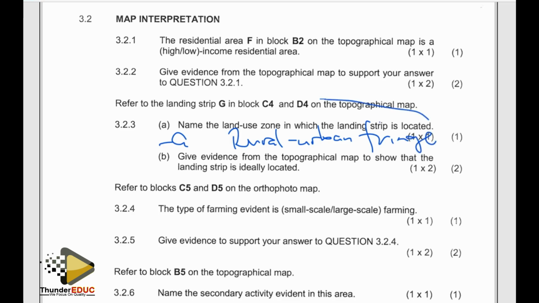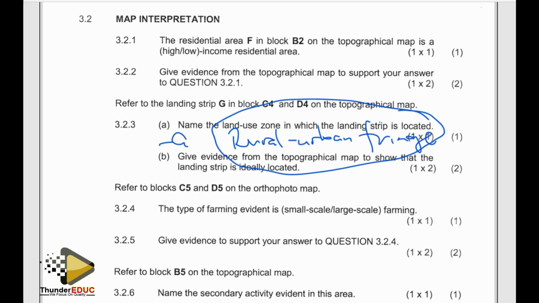So basically, if you find a landing strip, if you check from the map, hopefully you are going to find that the landing strip is on the outskirts of the city. We do not expect to find a landing strip somewhere within the urban settlement or close to the CBD. One, for the reason that some of those things do not need to take place close to residential areas for safety reasons. There are dangerous activities that might be involved, and hence they cannot happen close to people.